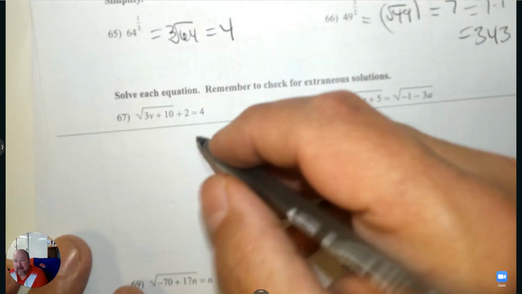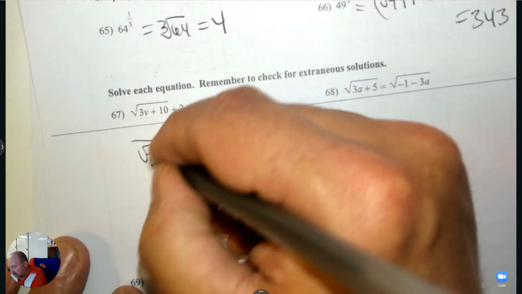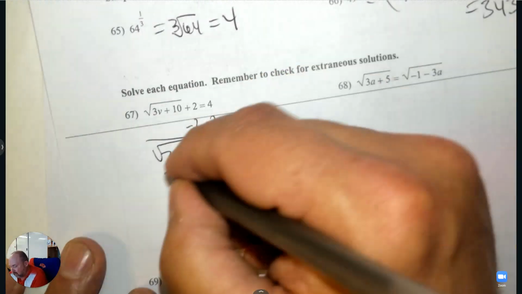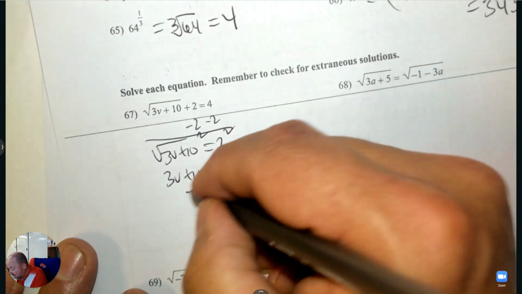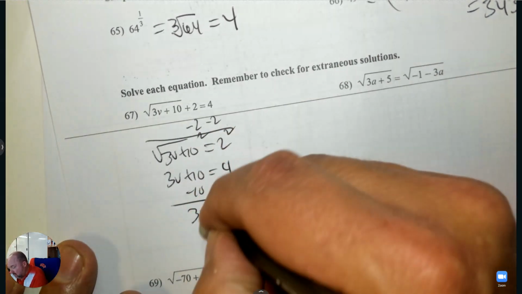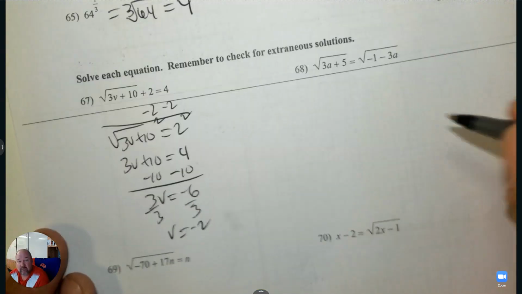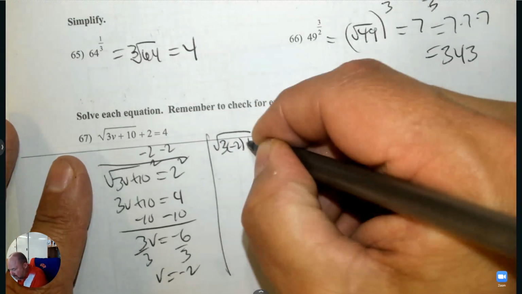Can you solve an equation? So first step, we want to isolate the radical, so we're going to subtract 2. So we have the square root of 3v plus 10 equaling 2. We then square both sides, so 3v plus 10 equals 4. We're going to subtract 10, and we're going to divide by 3, so we get the answer negative 2, but then we have to test that answer out to see if negative 2 gives you a good answer or not.